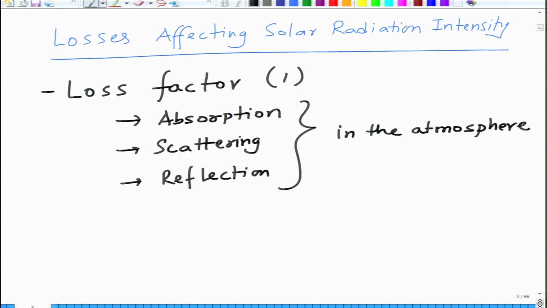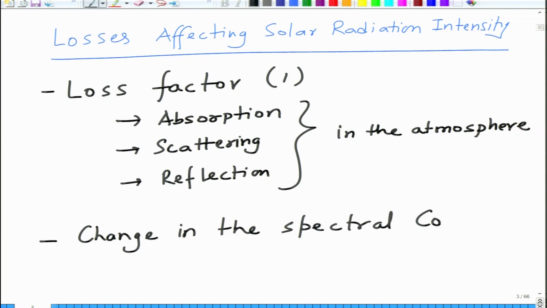And then we have change in the spectral content because of specific absorption or specific changes in the specific wavelengths because of presence of certain constituents in the atmosphere.